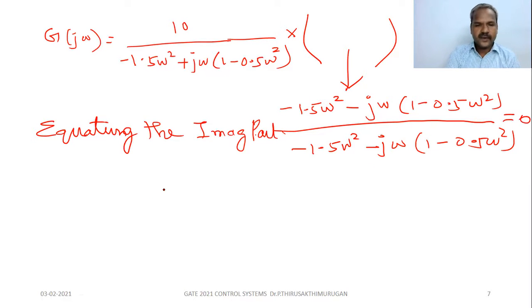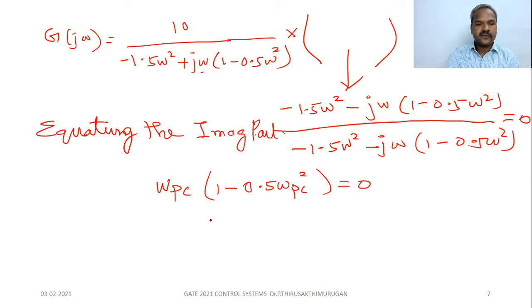When we equate the imaginary part equal to 0, we get omega pc into 1 minus 0.5 omega pc square equal to 0. So this is our imaginary part.